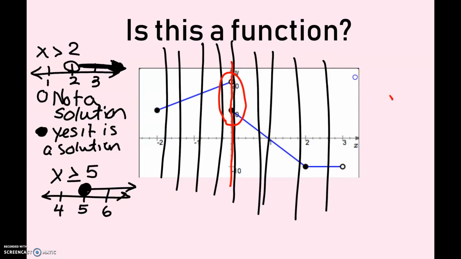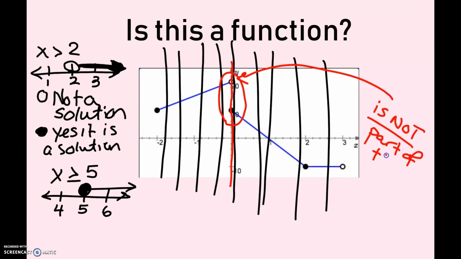But remember, this circle is not really part of the graph. So because of that, this is really the only point that I am hitting. So when we have open circles, you can count them as the vertical line not really touching them.